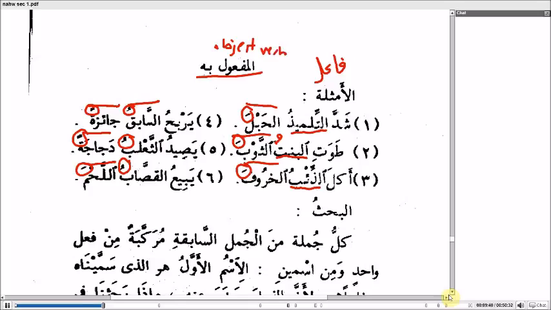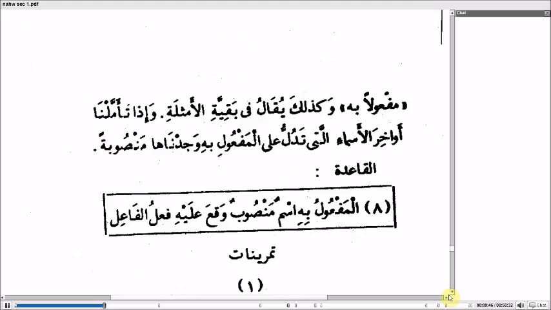We see 2 things here. The maf'ulu bihi is an ism, and it's mansoob. It's a noun.